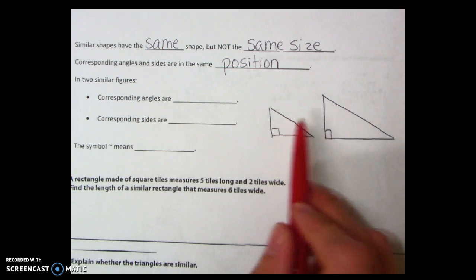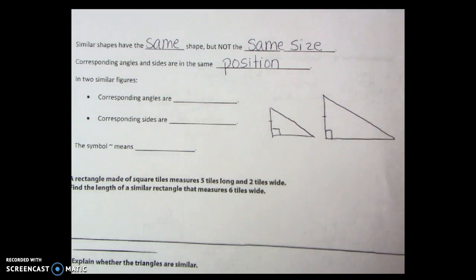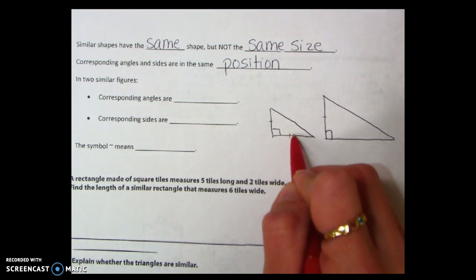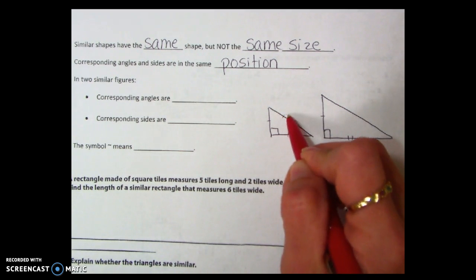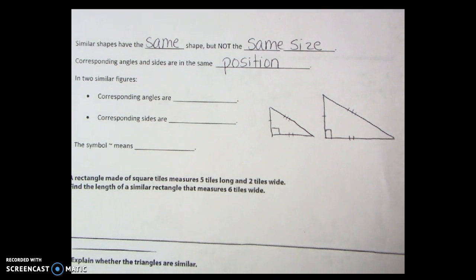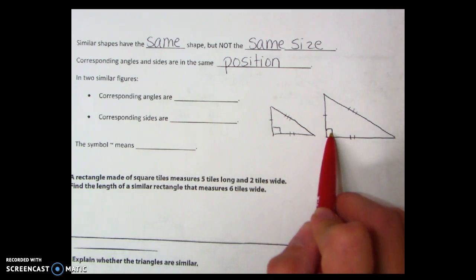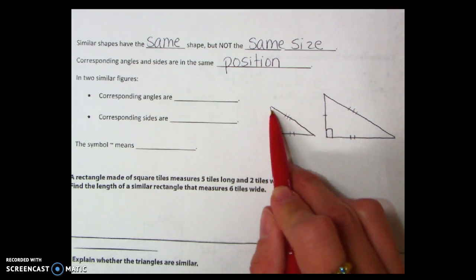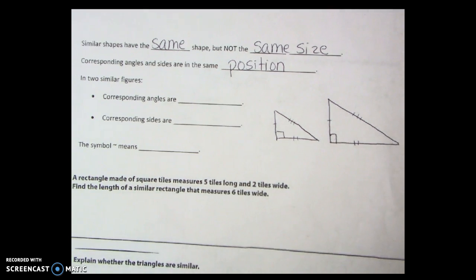So since these are facing the same way, this left side would correspond to the left side, the bottom would correspond to the bottom, and then this slanted side, the hypotenuse, would correspond to this slanted side, the hypotenuse. So this right angle would correspond to this right angle, and then the top angle would correspond to the top one, and the bottom right to the bottom right.